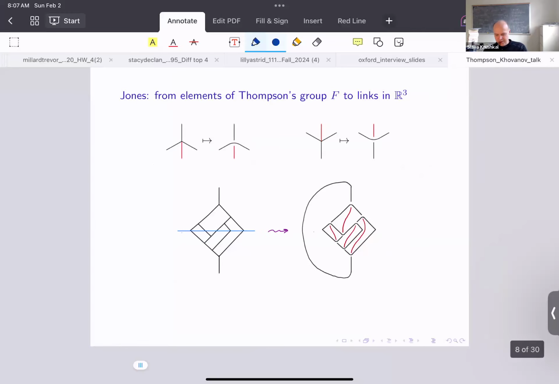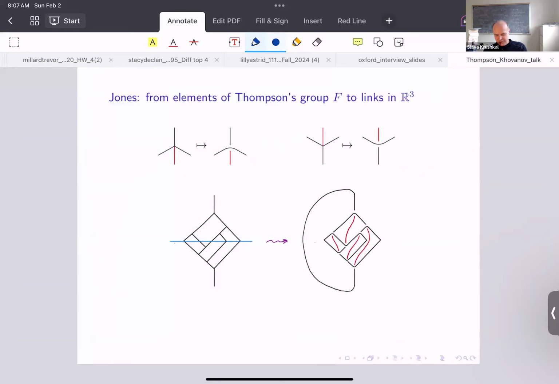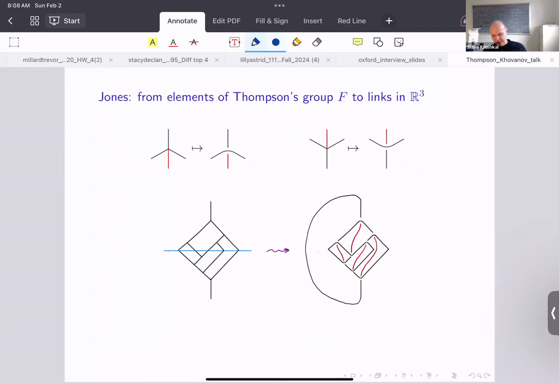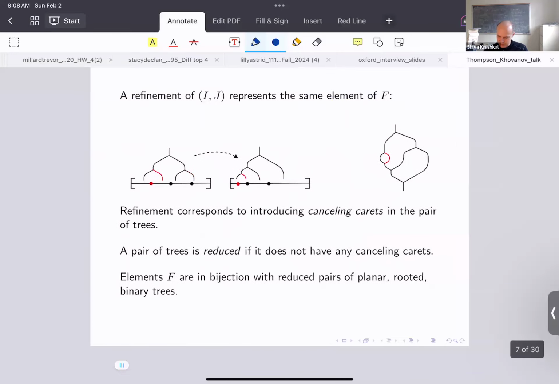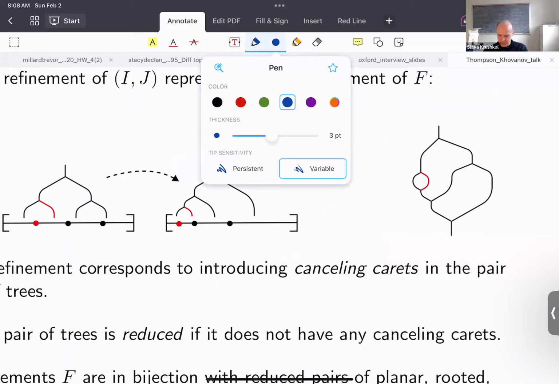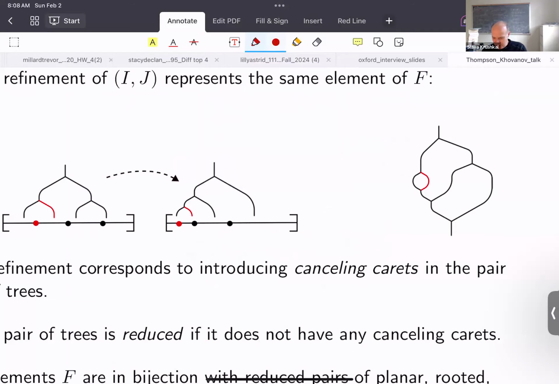Okay, well, so one of the ideas of Jones about 10 years ago is that you can create links in the following way. If you go back to this pair of trees, there's a sequence of splits and merges. Usually we read from top to the bottom. These vertices over here are called splits as you go down.